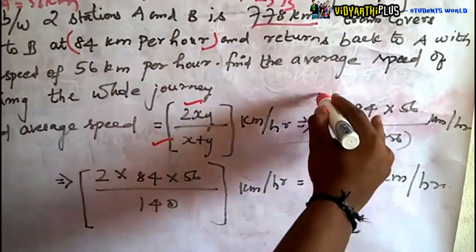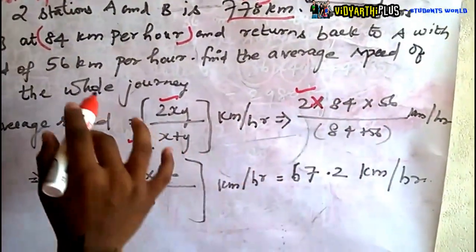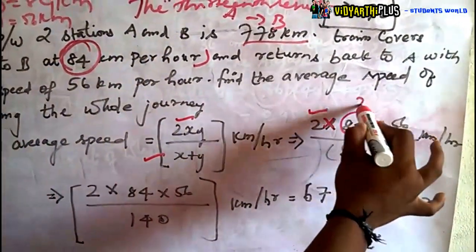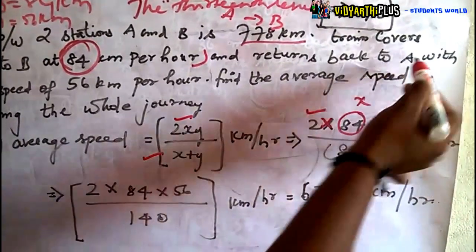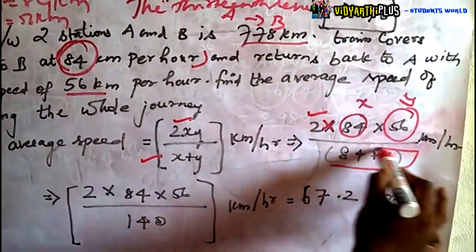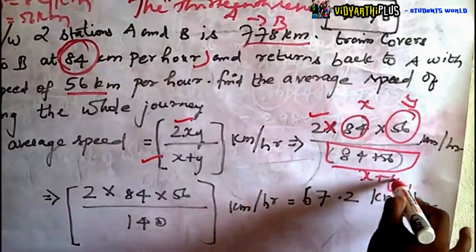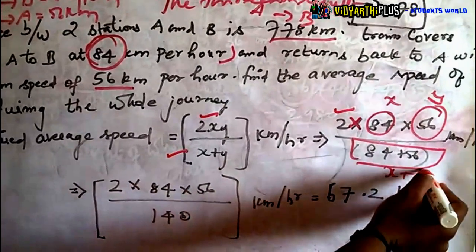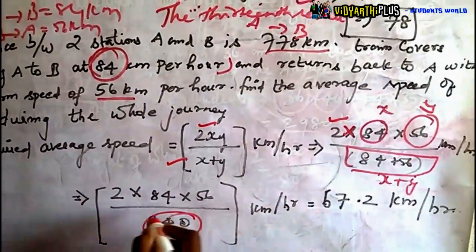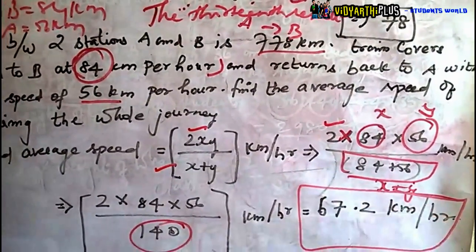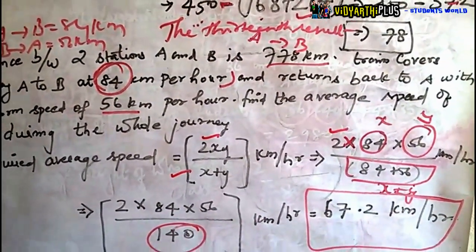Here x is 84, the speed from A to B, and y is 56, the speed from B to A. By substituting these values, x plus y will be 140. By cancelling, we get 67.2 km per hour. That is the average speed of the whole journey.